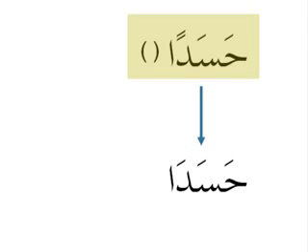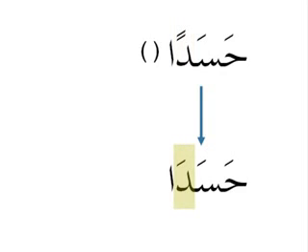However, if you're stopping, and we've got these two brackets here indicating the stop sign, then what you're actually doing, from the tanween you drop out the noon sakin. So you're left with, in this case, the dal with fatha. So instead of dan you have da, just fatha, and you've still got the alif. Because of that you read it as hasada.